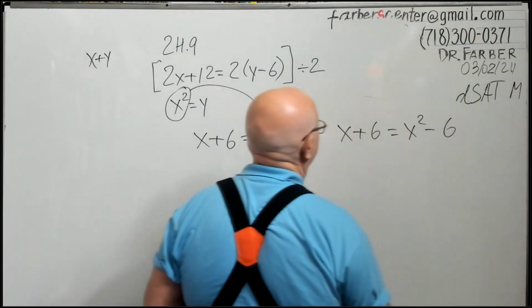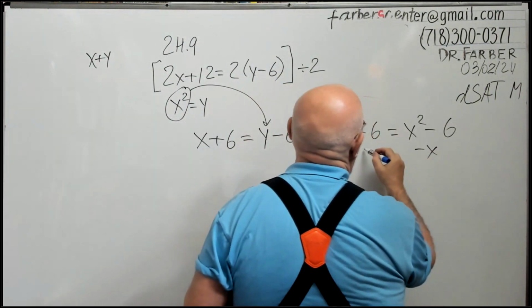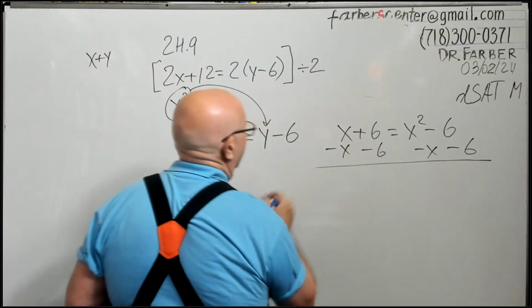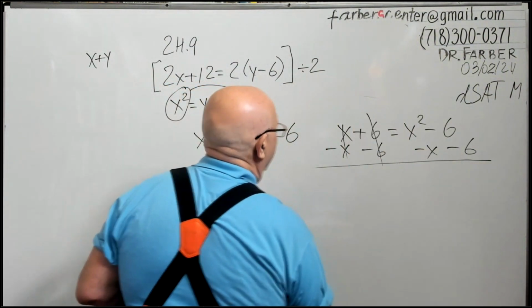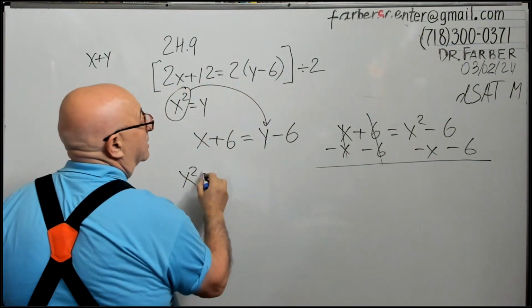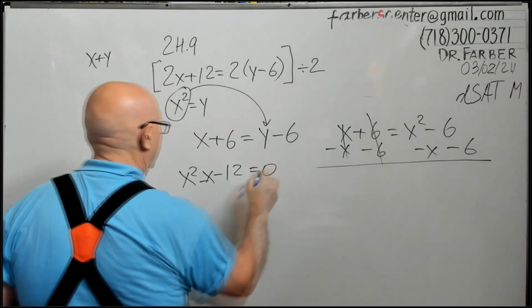Quadratic equation normalized. Minus x, and minus 6 and minus 6. All right, over there cancel, cancel. It will be x squared minus x minus 12 equals 0.